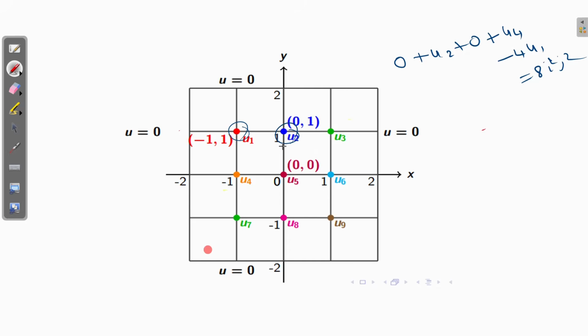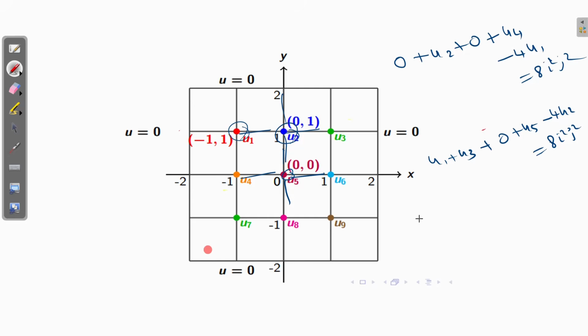Suppose I have to find u2. What about the left hand side position? So standard 5-point: this plus this plus this minus 4 times of u2. u1 plus u3 plus 0 plus u5 minus 4 times of u2. Right hand side is 8 i square j square. Similarly, I have to find u5. What will be standard 5-point? Left plus right, bottom plus top.